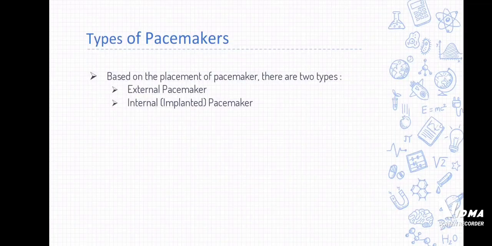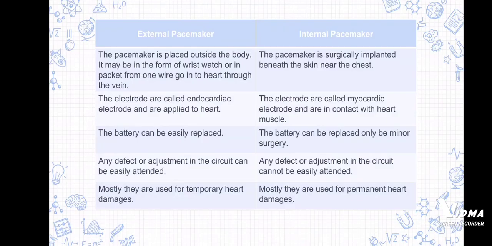Types of pacemaker. Based on placement, there are two types: external pacemaker and internal or implanted pacemaker. The internal pacemaker is surgically implanted beneath the skin, while the external pacemaker is placed outside the body using a wristwatch or a packet, where one wire goes into the heart through the vein.